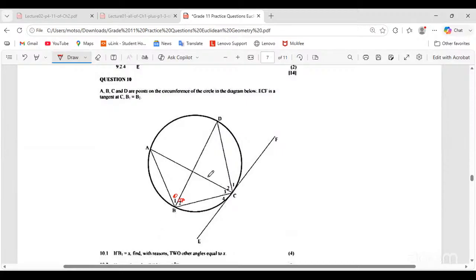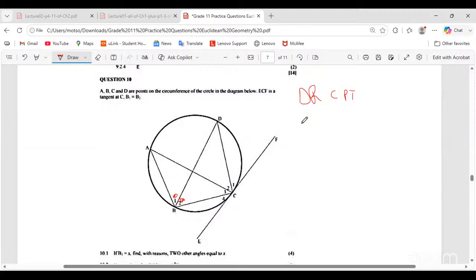Now we'll go for our technique, DRCPT. D, diameter, there is no diameter. R, there is no radius. Why? Because this circle doesn't even have a center, so we can't say this is a radius, while we don't even know if this is the center of the circle.